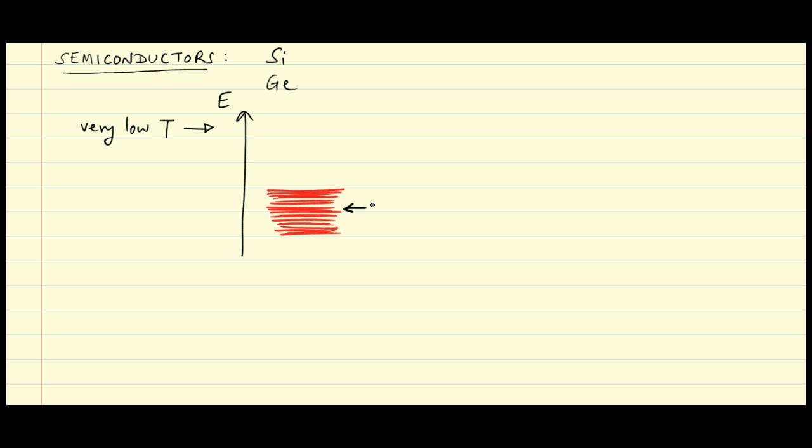So you would have a valence band which is completely filled with electrons, and above it you would have a conduction band which is completely empty. And that is why at very low temperatures, as far as the electrical conductivity goes, there is no difference between a semiconductor and an insulator. In other words, at very low temperatures, a semiconductor behaves like an insulator. It doesn't conduct electrical current.